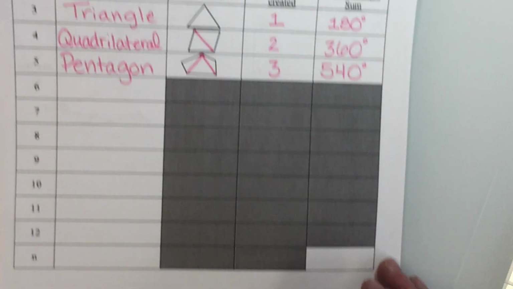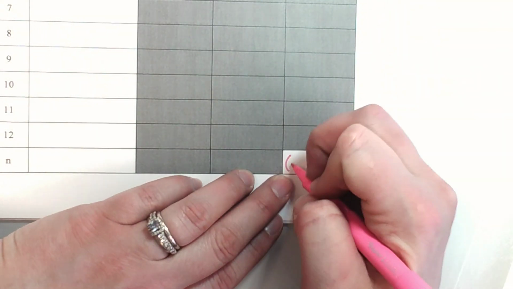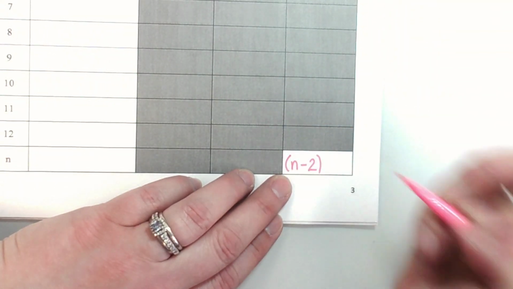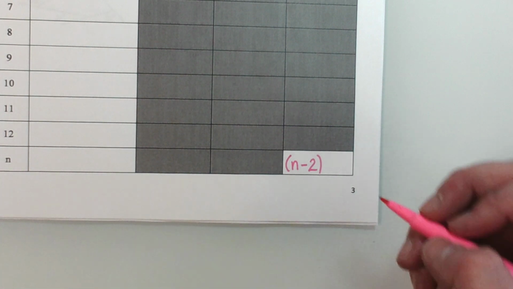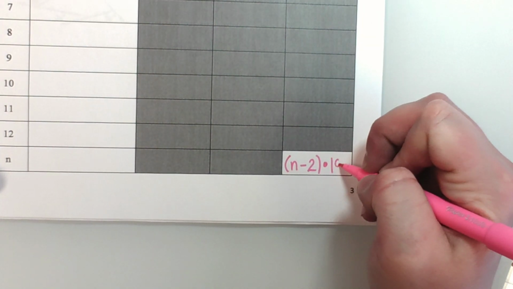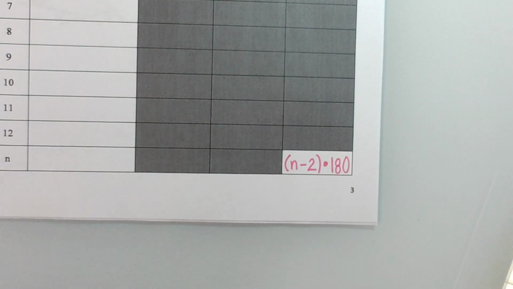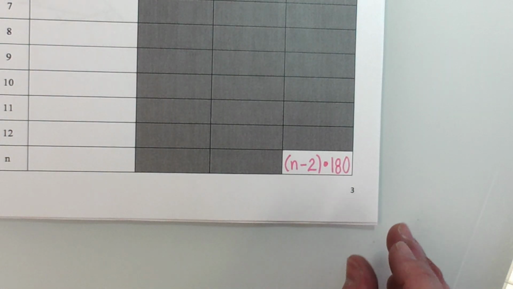Minus 2. So you take the number of sides and you subtract 2 from it. So if it's n-sided, it's n minus 2. And you multiply that by 180 to get the interior angle sum. That's something we'll talk about a little more on the next page, but that's going to be the pattern we use.